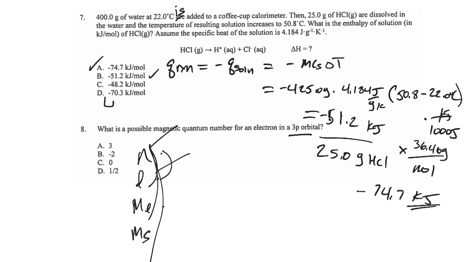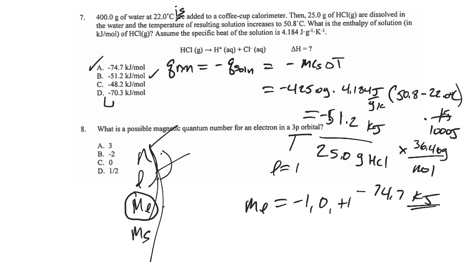Okay, so the magnetic quantum number, we're going to know the M sub L that's possible for a 3p orbital. So the p orbital has an L of 1. The p is given by L1, S is L0, D is L2, F is L3. So the range of M sub L's, if L is 1, is minus 1, 0, and plus 1.